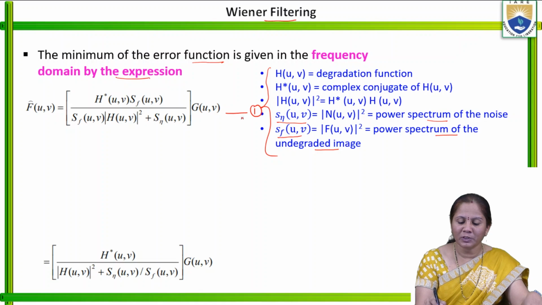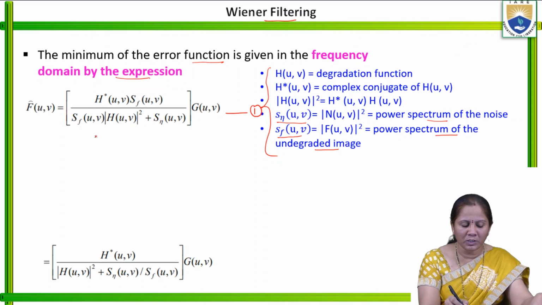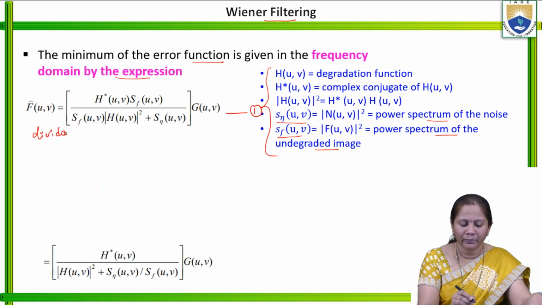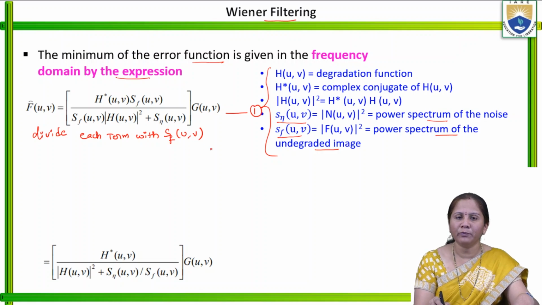So consider the expression of this Wiener filter as equation 1. Now, considering this equation 1, divide each term with Sf of u comma v. What is this Sf of u comma v? It is the power spectrum of the undegraded image.